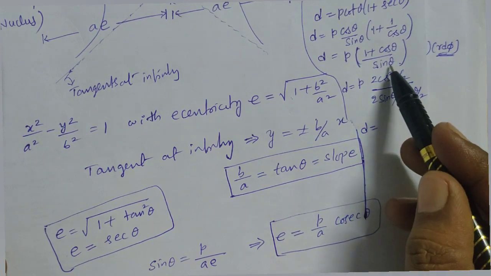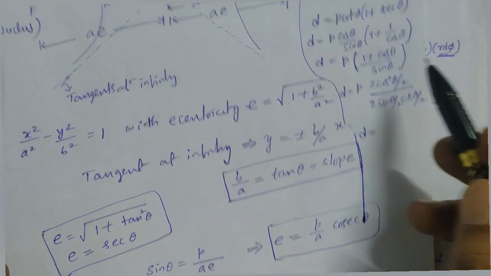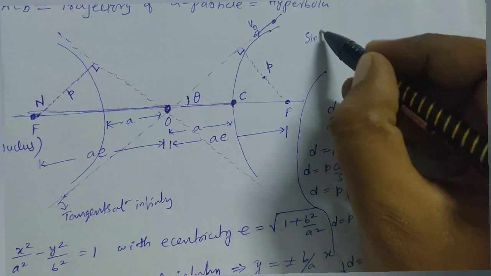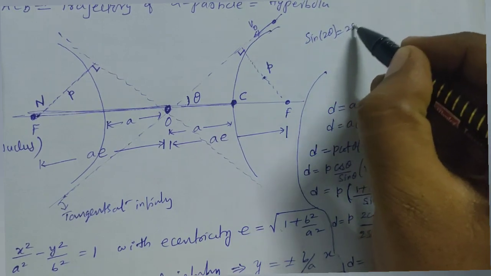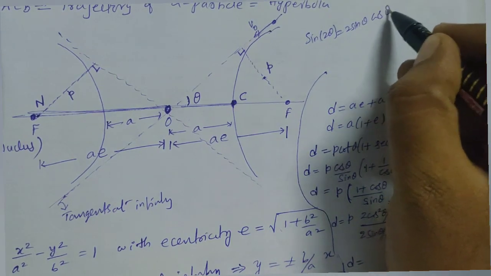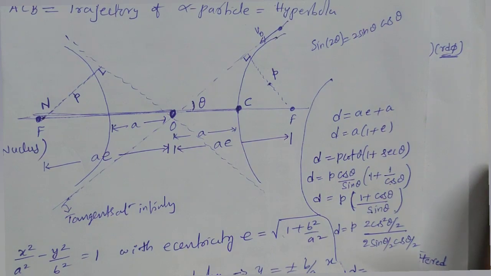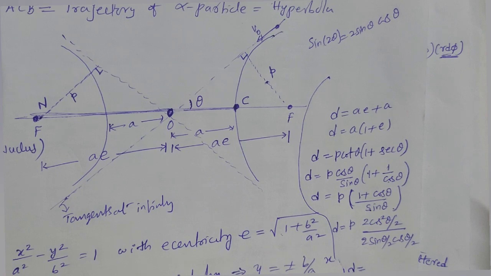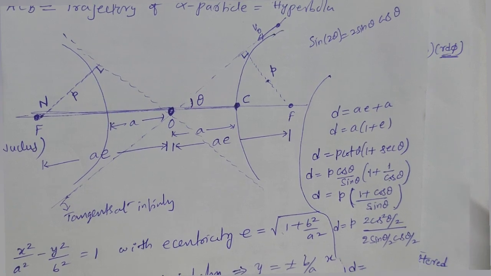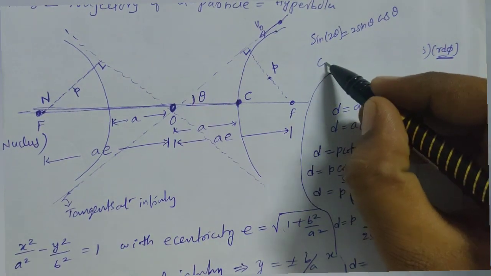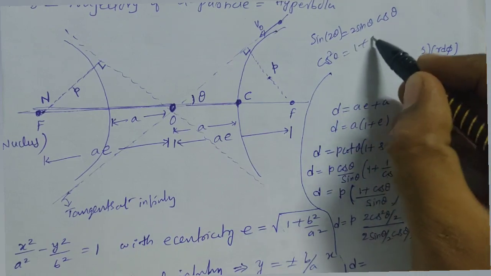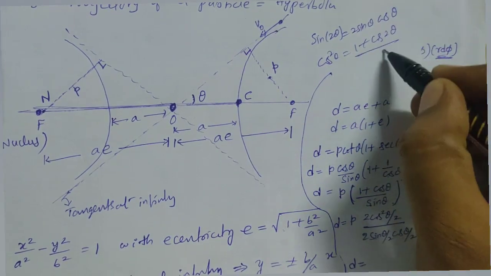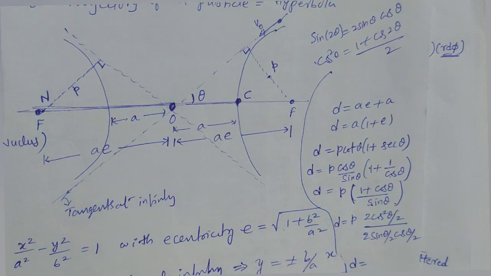Sin of 2 theta is equal to 2 sin theta cos theta, and cos square theta is equal to 1 plus cos 2 theta by 2.